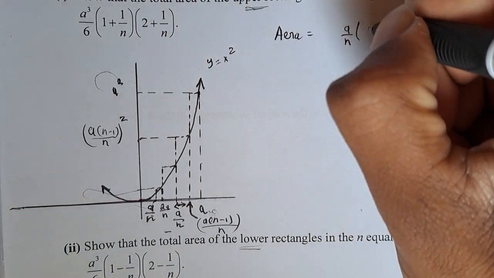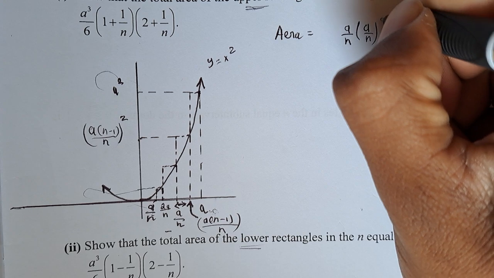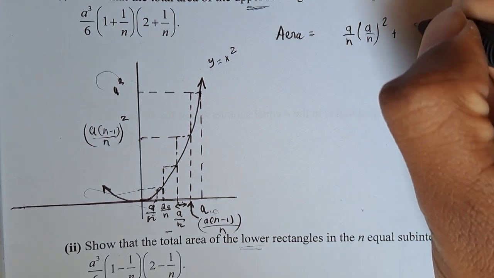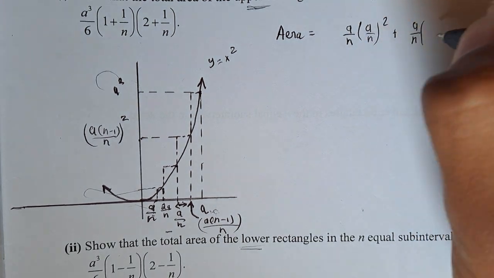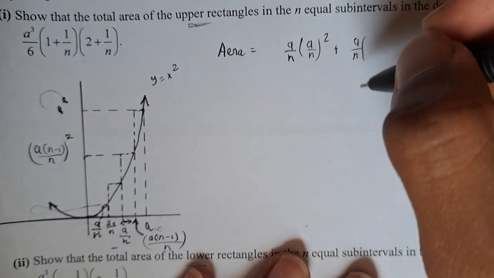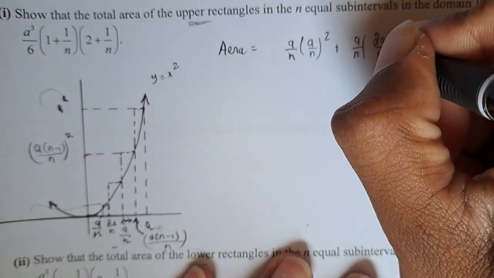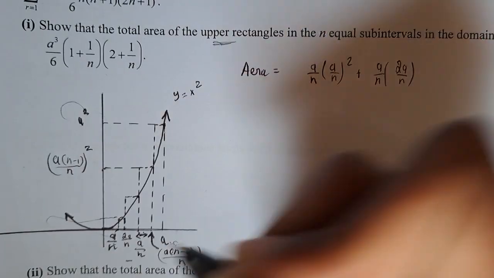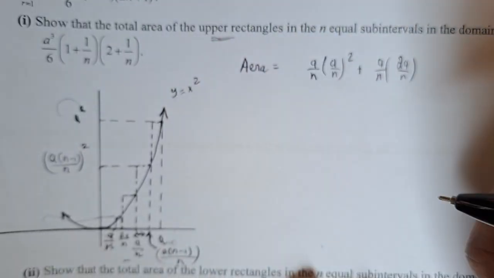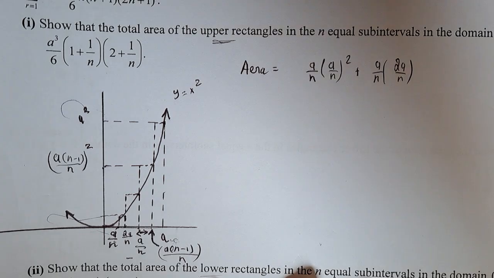So a on n and a on n whole squared plus, again, the a on n is going to be constant because that's our interval, but then it's going to be 2a on n now, because the next point is going to be 2a on n, and the one after that it's going to be 3a on n.